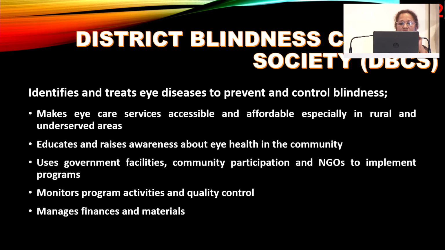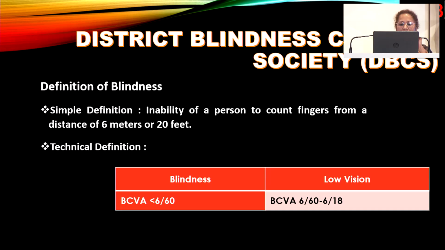So this society makes eye care services accessible, especially in rural and underserved areas. It educates and increases awareness. It uses government facilities, community participation and NGOs. Basically, it's teamwork. Like Dr. Rohan was saying, there is cross-linking. It monitors the program activities and manages the finances also.